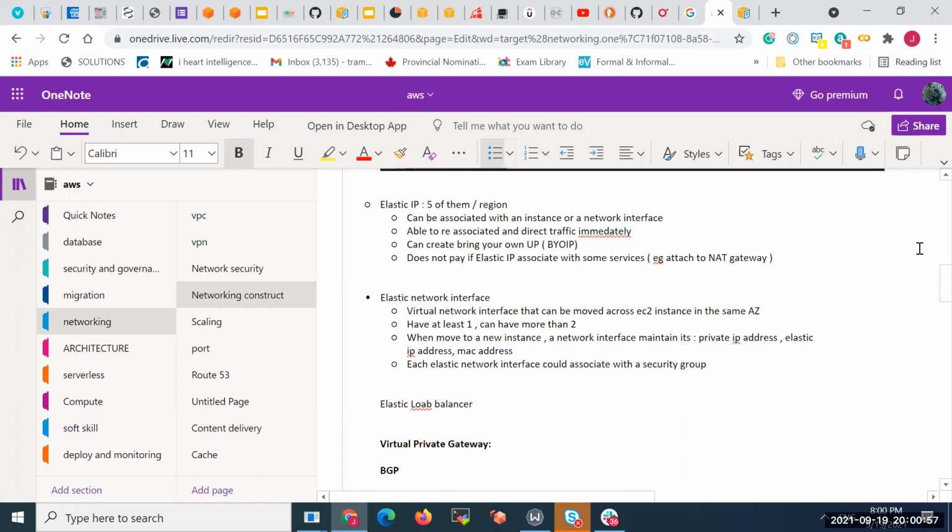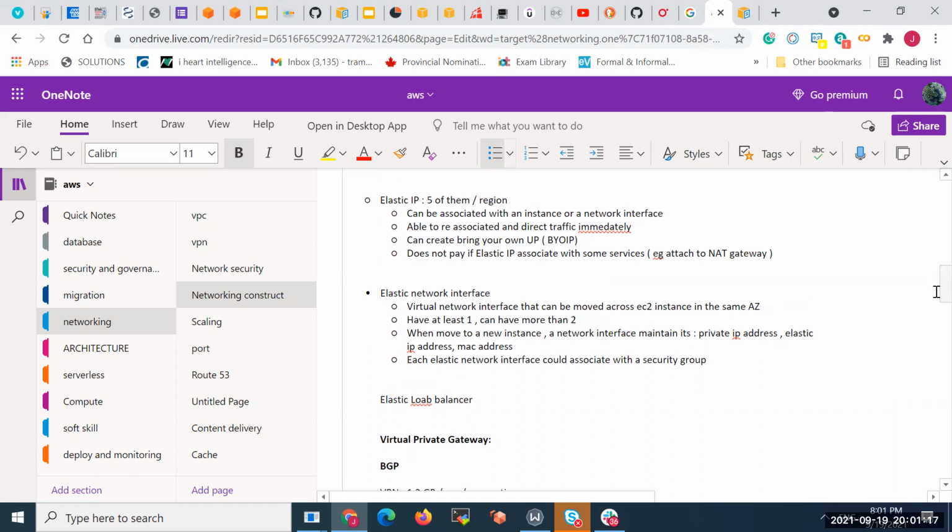Then you don't have to pay. For example, it can be associated with a NAT gateway, like we mentioned, or an instance. In that case, you don't have to pay. But if you don't associate it with an AWS service, then you will have to start to pay for the elastic IP.